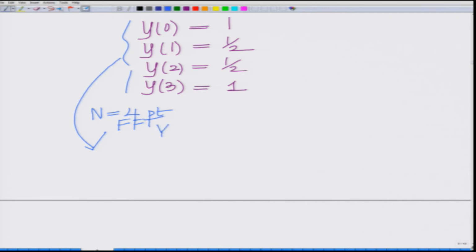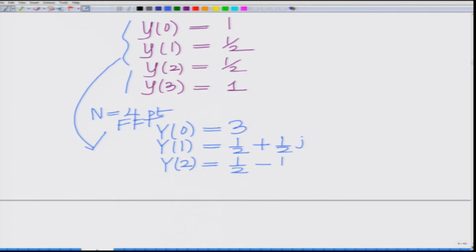We said that the samples across the various FFT points are Y0 equals 3, Y1 equals half plus half j, Y2 equals 0, and Y3 equals half minus half j.